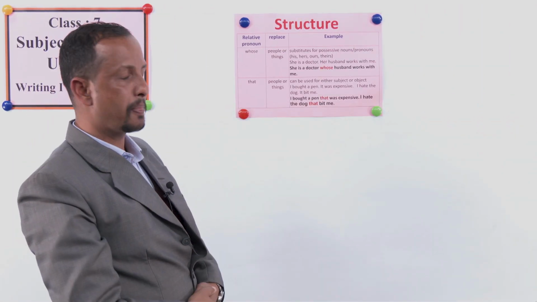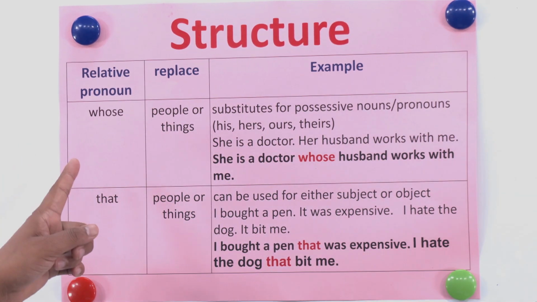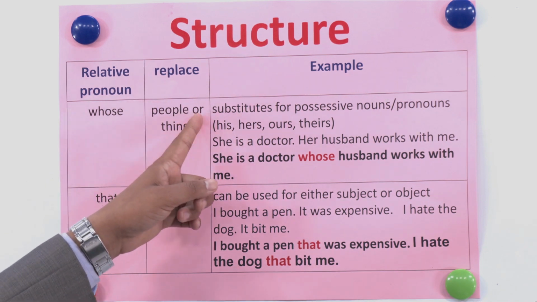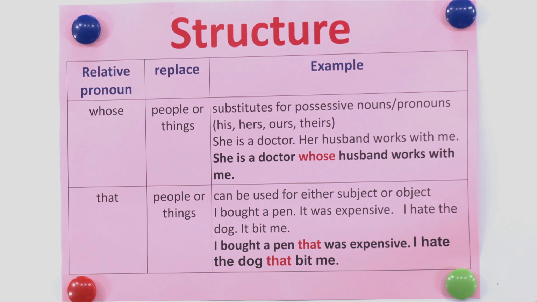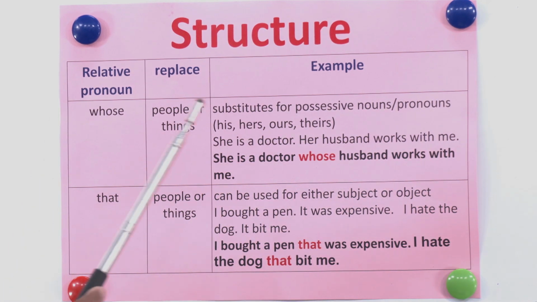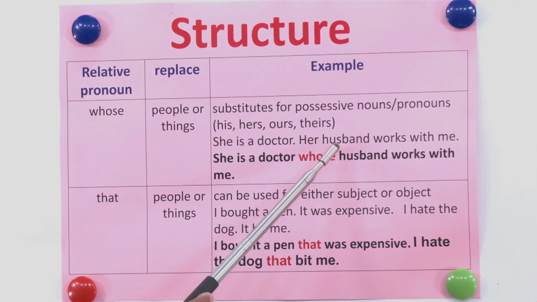Now, dear students, you can see here the relative pronoun whose. It replaces people or things, and particularly possessive pronouns. See the example. She is a doctor. Her husband works with me. She is a doctor whose husband works with me. So whose is related with she and her husband.